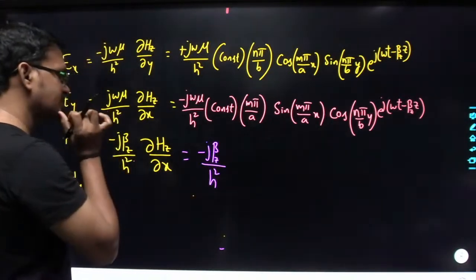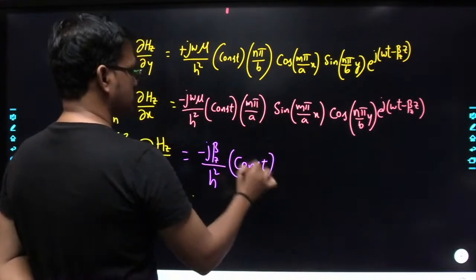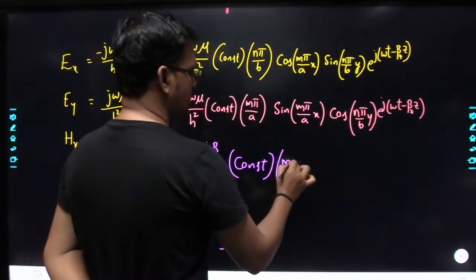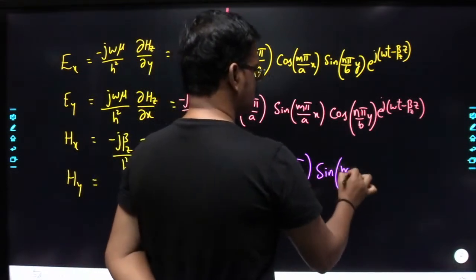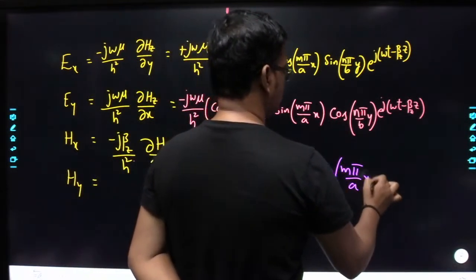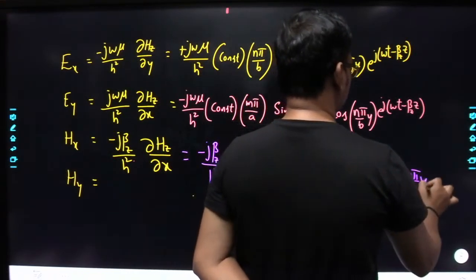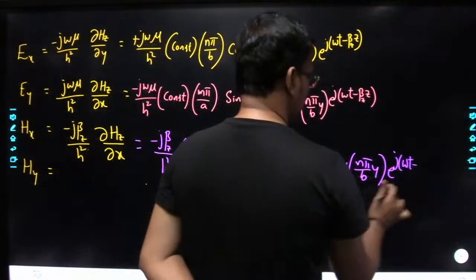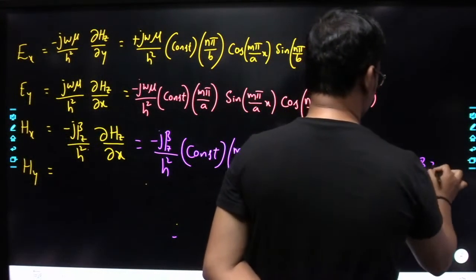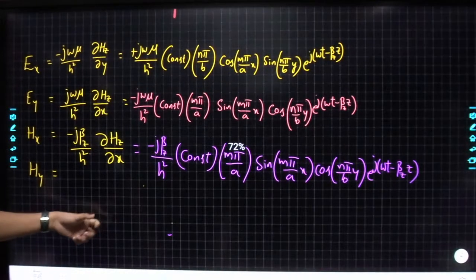If you differentiate Hz with respect to x, you get the same term here, multiplied by m pi by a into sine of m pi by a into x into cos of n pi by b into y into e power j of omega t minus beta z into z.